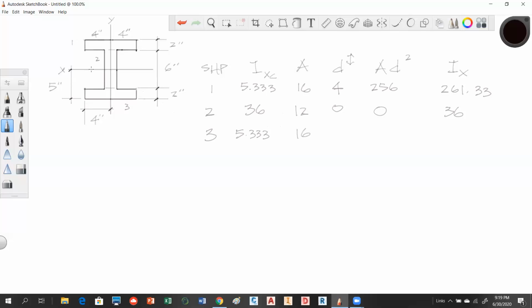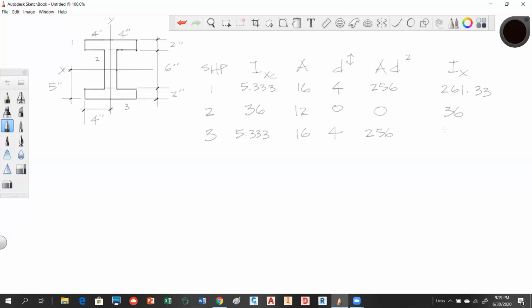So the distance from the centroidal composite axis to the centroidal axis of this shape itself would be 5 minus 1. That's also 4. Square that times 16 gives us 256. And we don't have to worry about whether it's negative or positive because you're squaring it, so it just comes out.